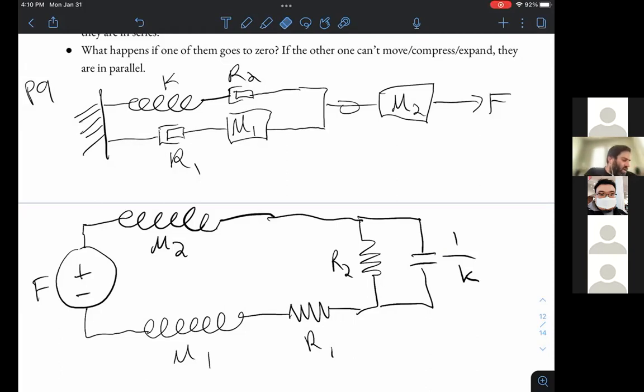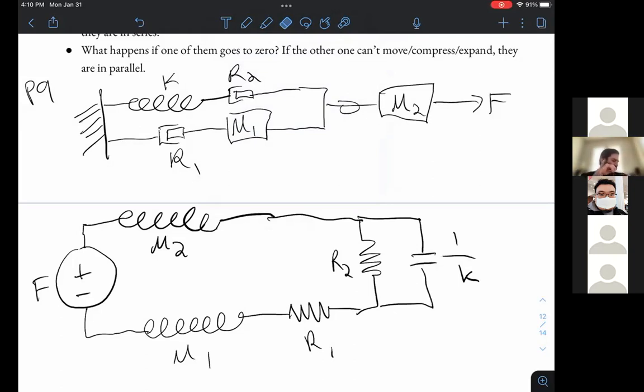The same thing is true with K, right? If K goes completely rigid, everything else can still move because R2 will compress, right? And that works in our electrical analogy, because if this goes open circuit, everything still works fine. So they're looking like they work here.